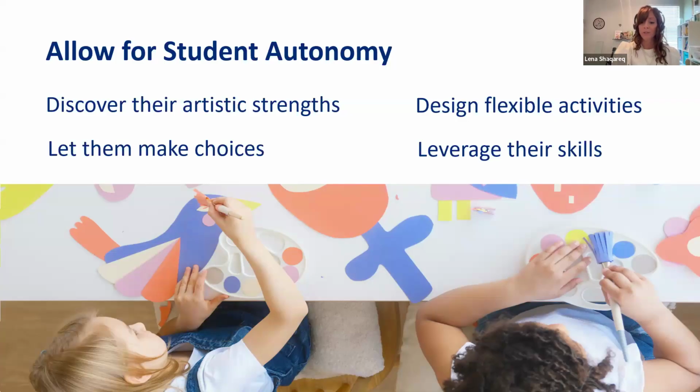Perhaps allow multiple options for each lesson or activity that they can choose from. So, designing flexible activities then becomes important and will allow you to give them this autonomy we're talking about. And of course, you want to leverage their skills to design lessons that can really engage them and appeal to their interests and reach all the students.